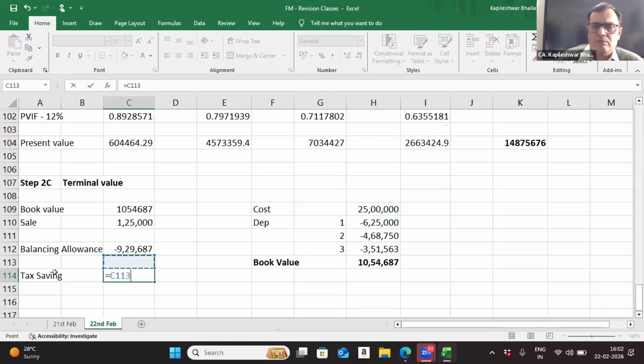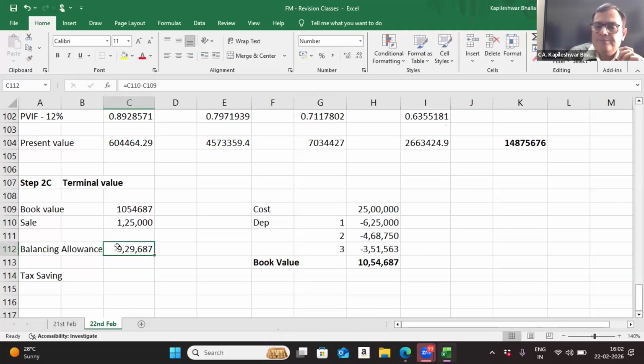Let me do one thing. Let's remove the minus sign, otherwise it will create trouble. Let's take this minus this so it remains positive. The tax saving is going to be on this figure at the rate of 20%, 0.2.